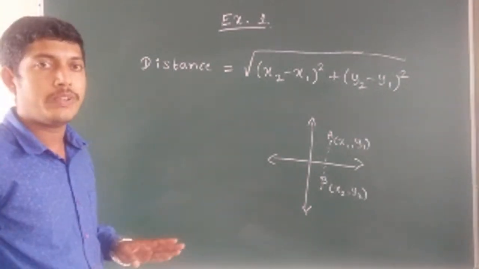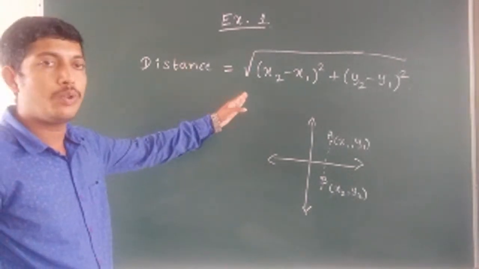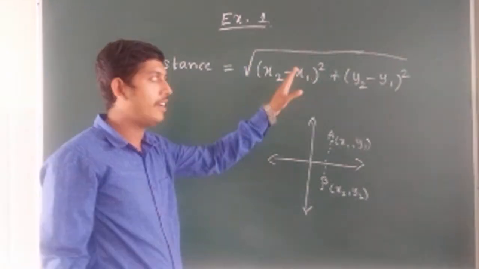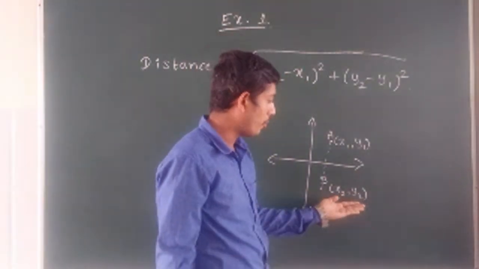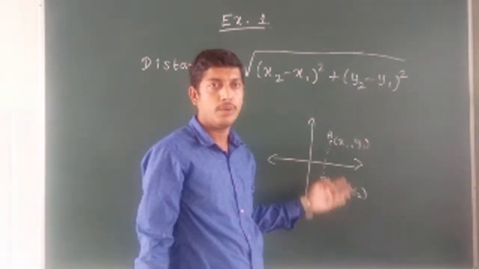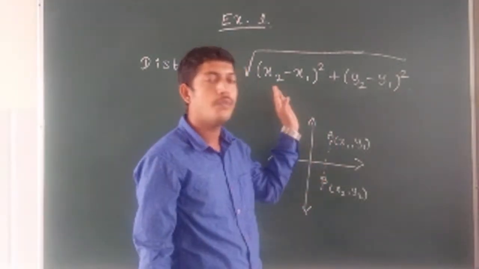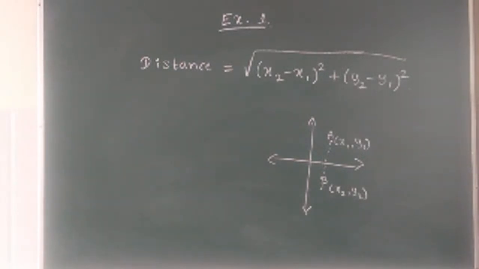To find the distance between these 2 points, we use this formula: square root of x2 minus x1 whole square plus y2 minus y1 whole square.